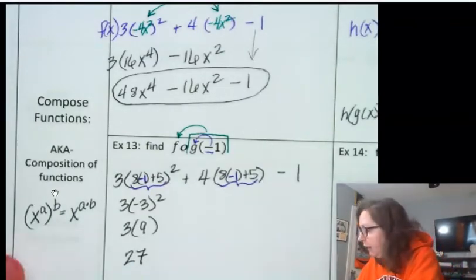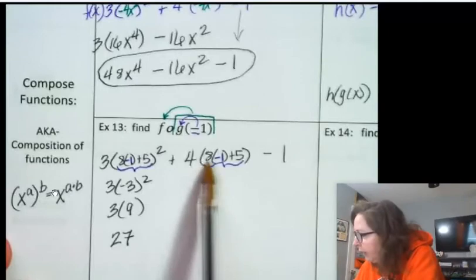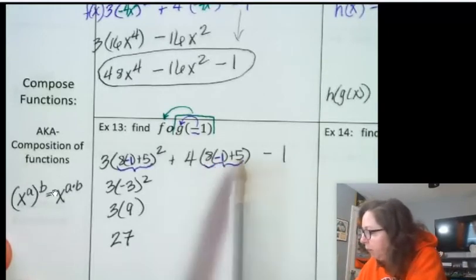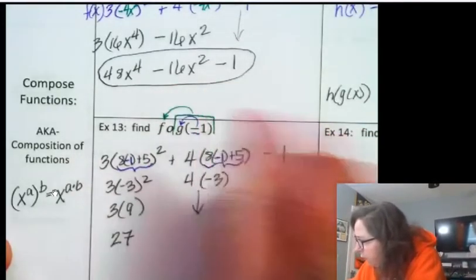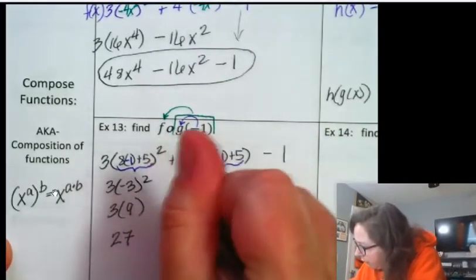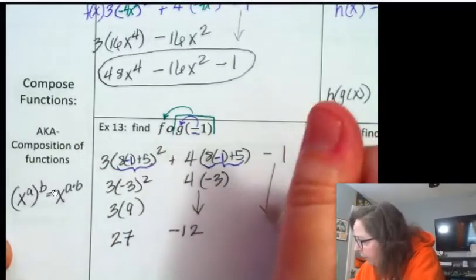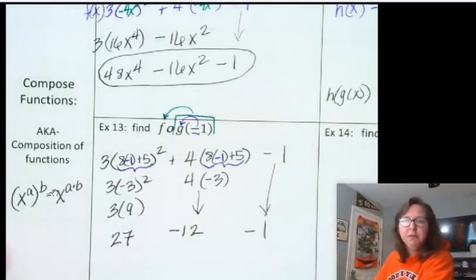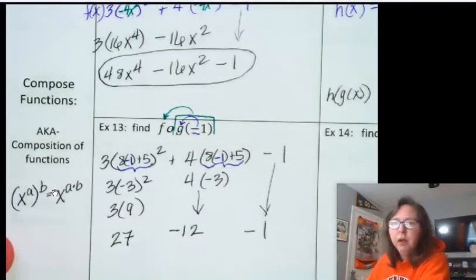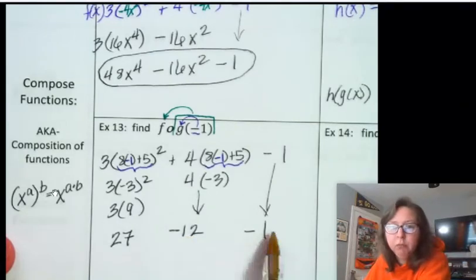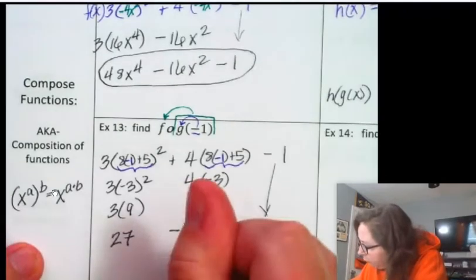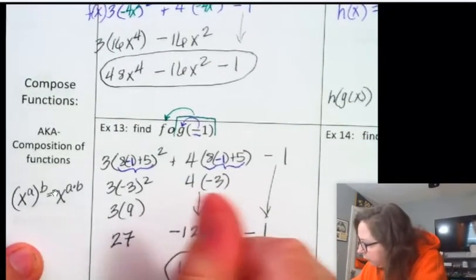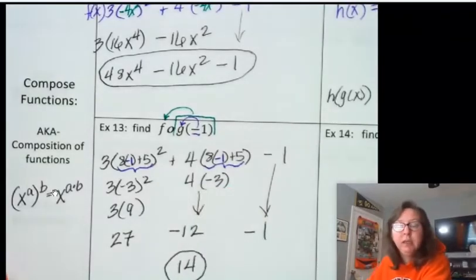All right, let's work with my next term. 8 times -1 is -8, plus 5 is -3. 4 times -3 is -12. And then I can just bring down this -1 because there was nothing to simplify there. All right, so now I'm going to do 27 minus 13, really. Okay, 27 minus 13 is going to give me 14. So my final answer here is 14.